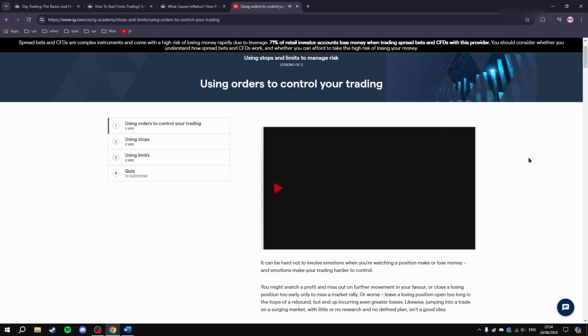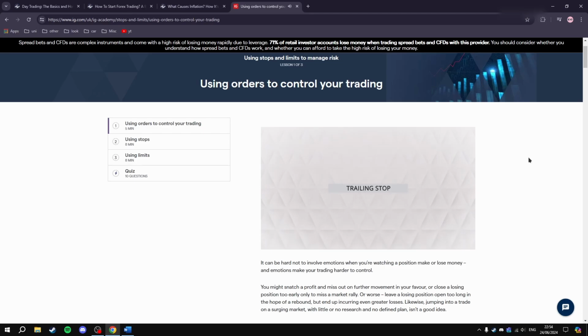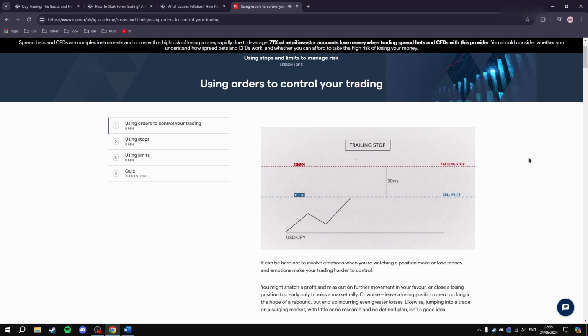IG also offers something called a trailing stop. This is a special type of stop loss that not only caps losses, but also helps protect any profits you make. Suppose you decide to go short dollar-yen at 117.6. You set a trailing stop 30 points away at 117.9, choosing a step size of 10 points. The price drops to 117.1 and your stop loss has followed it.